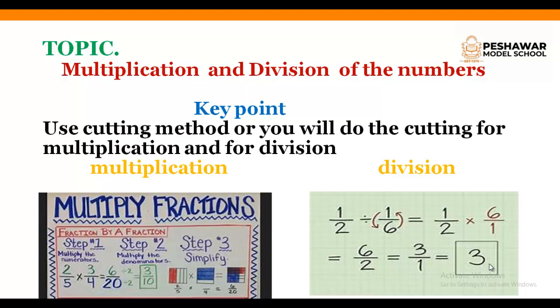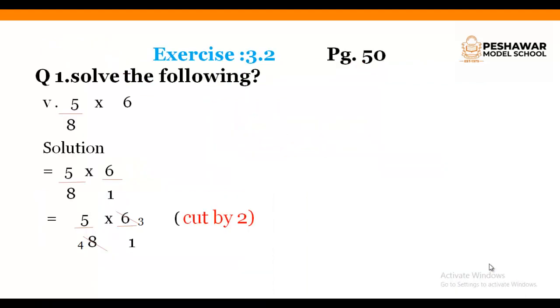So let's move to the next, that is your exercise. You have to use the key point in solving the sums of multiplication and division. I am going to solve a sum of your question number 1, part number 5, exercise 3.2, page number 50 in your book. Part number 5 of question number 1: 5 by 8 multiply 6.